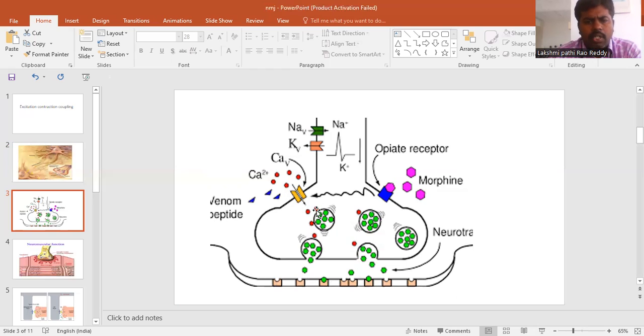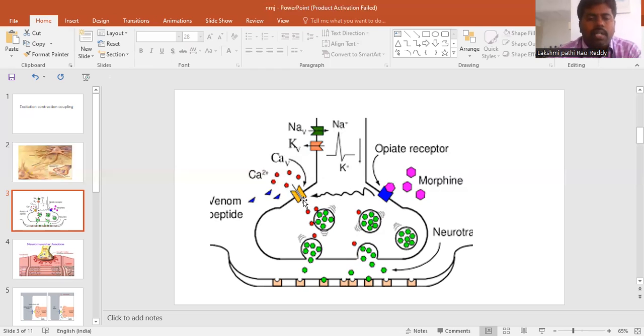The red dots indicate the calcium ions, which flux in when the action potential reaches. When the action potential reaches, the membrane permeability changes and there is a sudden opening of the calcium channels, so the calcium ions rush into the terminal buttons.